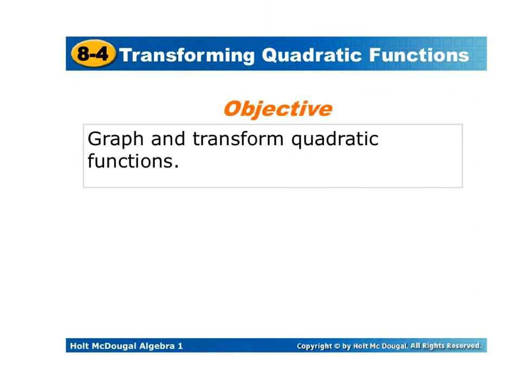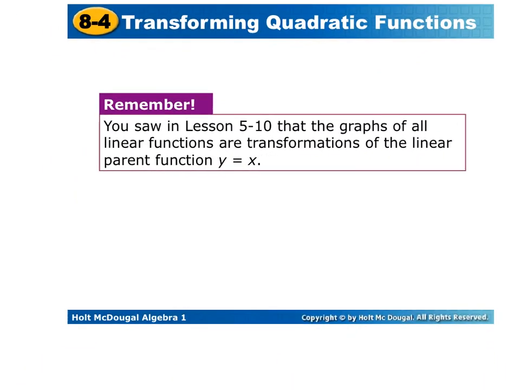So our objective here is going to be to graph and transform our quadratic functions. So back in lesson 5-10, we talked about transforming linear functions, and everything was compared to y equals x.